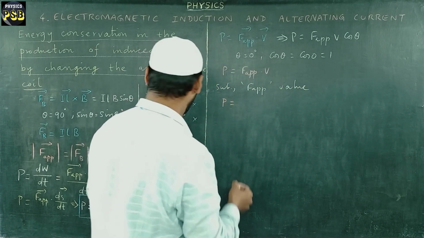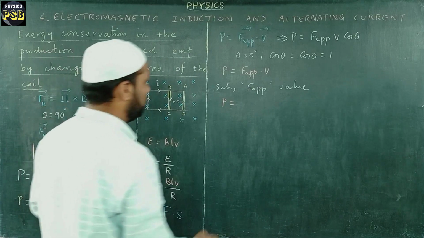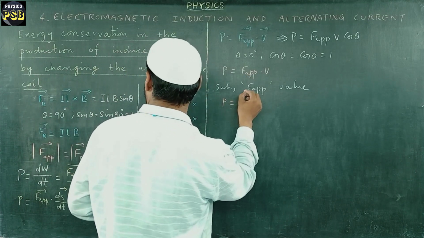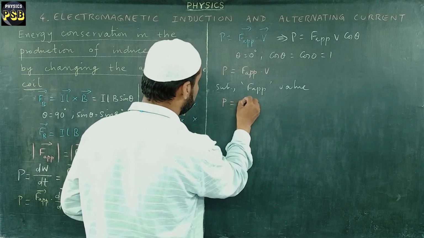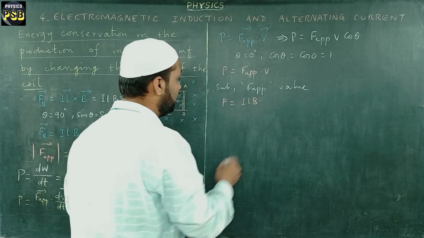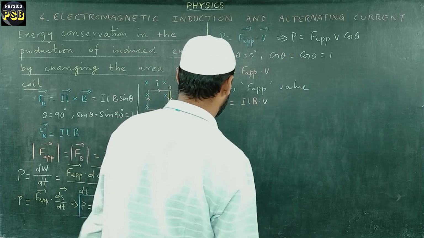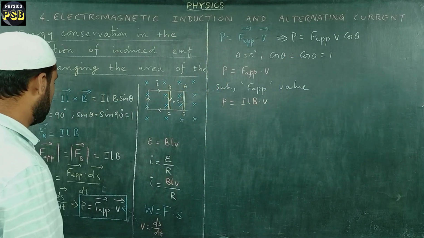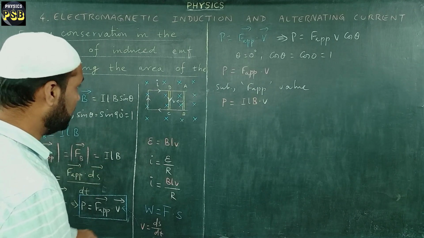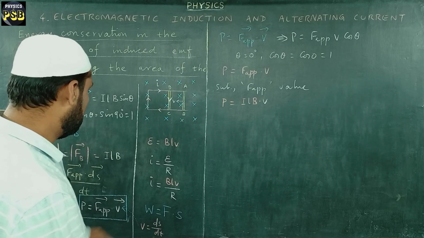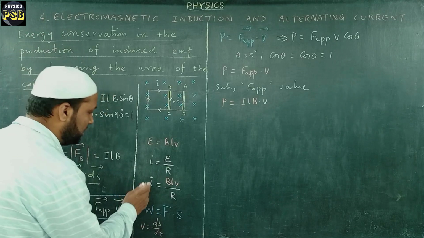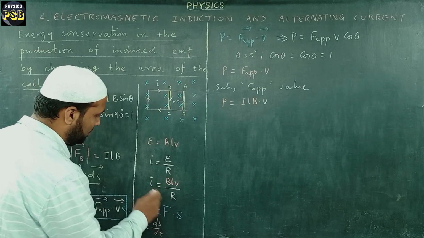P will become equal to, in the place of the applied force, ILB, multiplied with the V. This is the force, and here we know the value of I. It is written as BLV upon R.